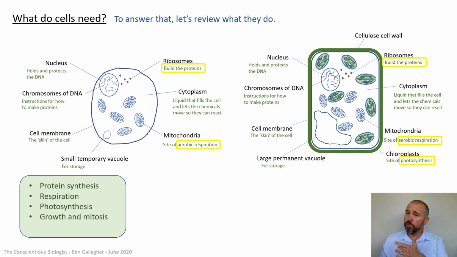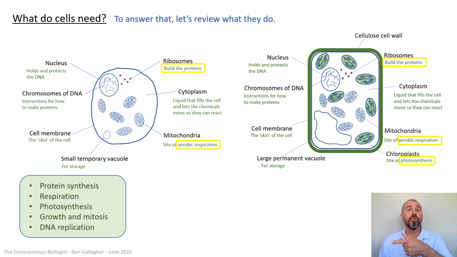The first one is growth and mitosis, and of course as part of that process you've got DNA replication. As long as you can replicate your DNA, double the quantity, double the size of a cell, you can share it out to make 2 new cells, and that process just keeps going to increase cell number for growth and repair.